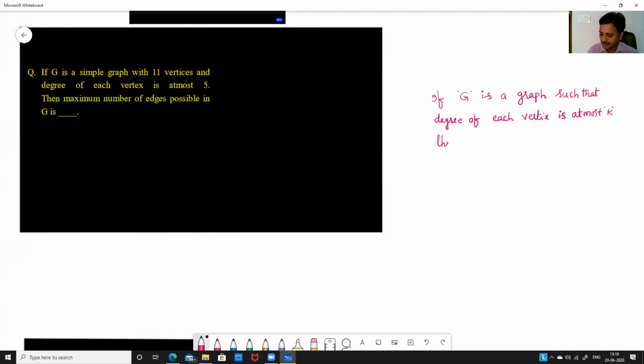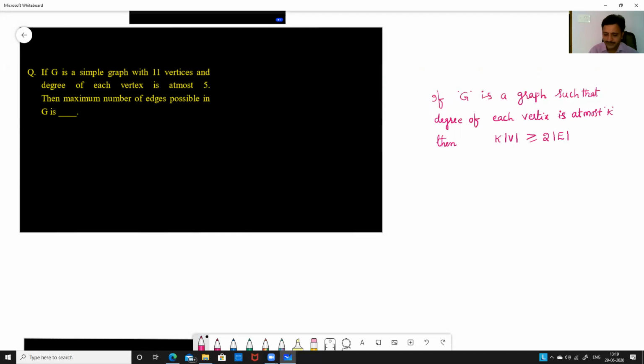Then it must satisfy the condition that k times the number of vertices must be greater than or equal to 2 times the number of edges. This point we also covered in the previous video.